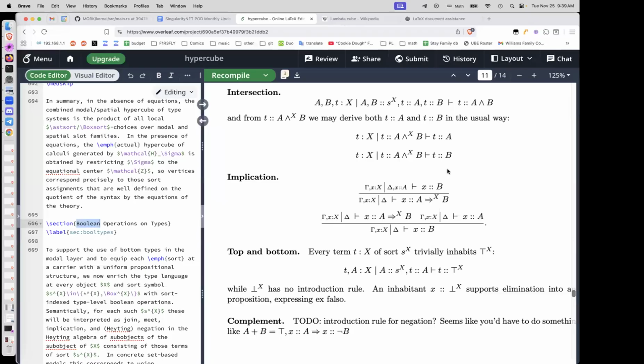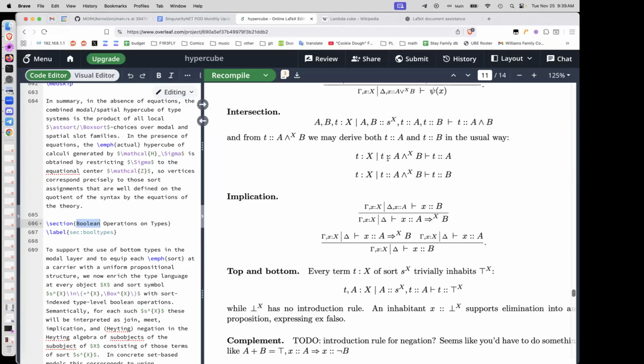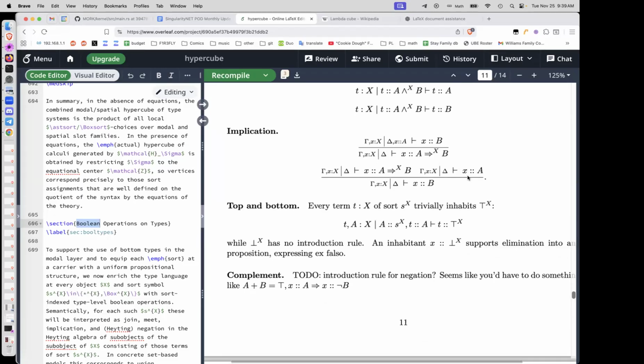Intersection, this is the elimination rule. It says given an intersection A and B, we can derive A, and similarly from that we can derive B. Implication, this is currying of the relation context.